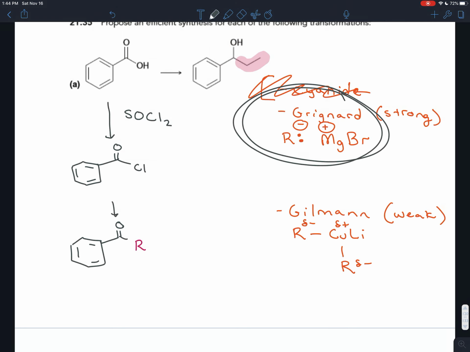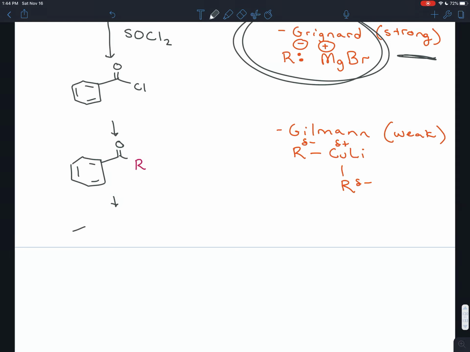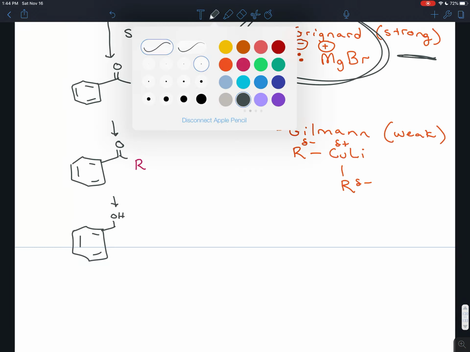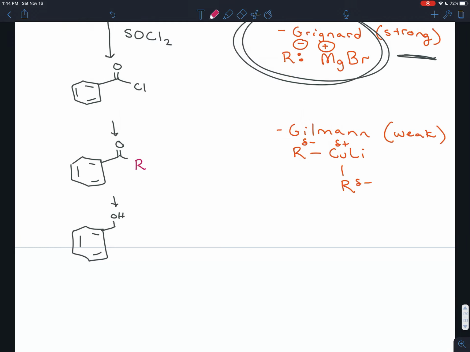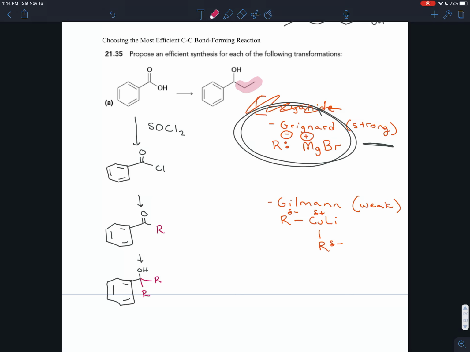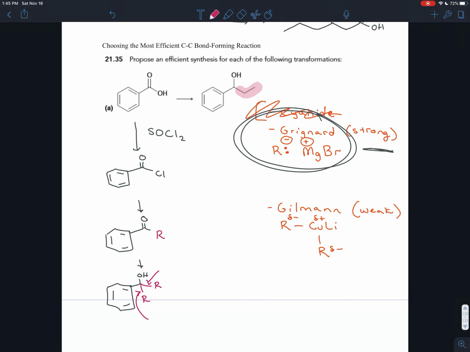But because it's strong, it would attack again, and you'd have a second equivalent of the carbon chain. And that is not quite what we see here. We only see one new bond to a carbon. We don't see two. In other words, we want to form the ketone.